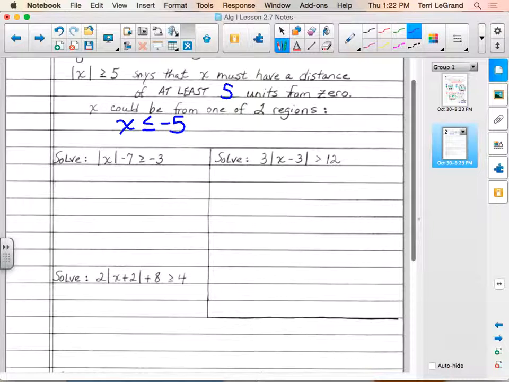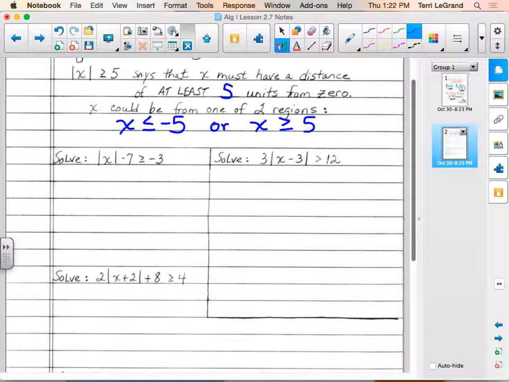And then you guys were naming some positive ones, and I didn't hear anything under 5 named. Because if it's at least 5 units from 0, it has to start at 5 and go up. So, look at this. We got it going this way and we got it going that way. What kind of a compound inequality is that? Or. So this is an or. x is greater than or equal to 5.